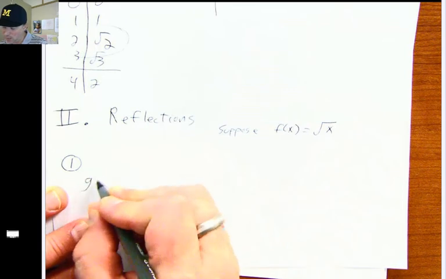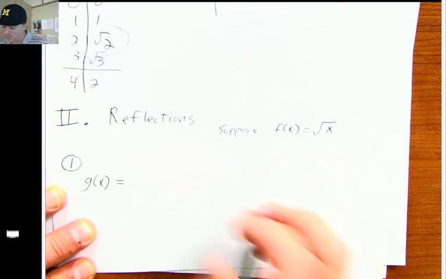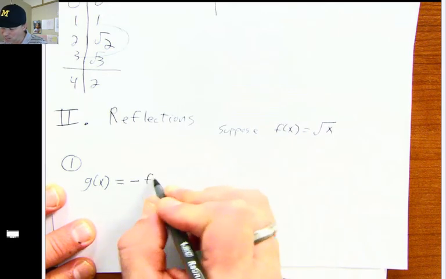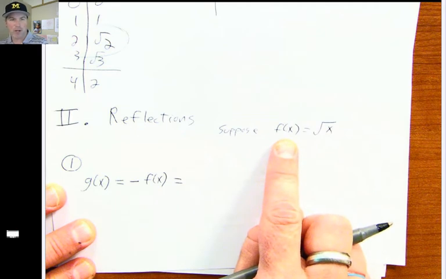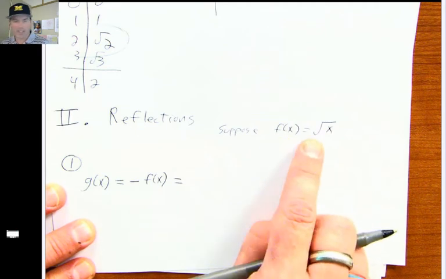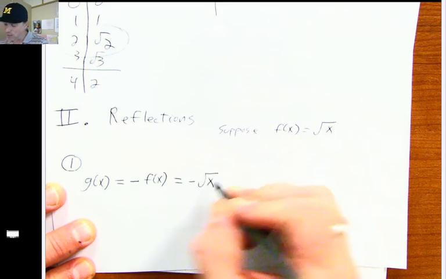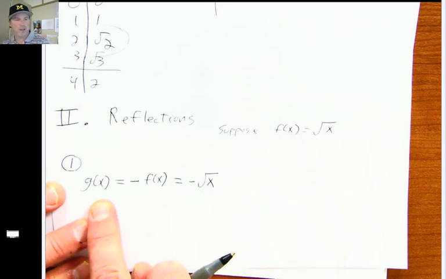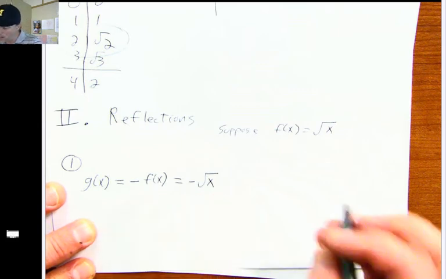But suppose that we were going to graph g of x, and g of x is like f of x, except there's a negative out front. Well, if I put a negative in front of this f of x, the negative would also have to be in front of square root x. So number 1 is, suppose that g of x equals negative square root x, or negative f of x.